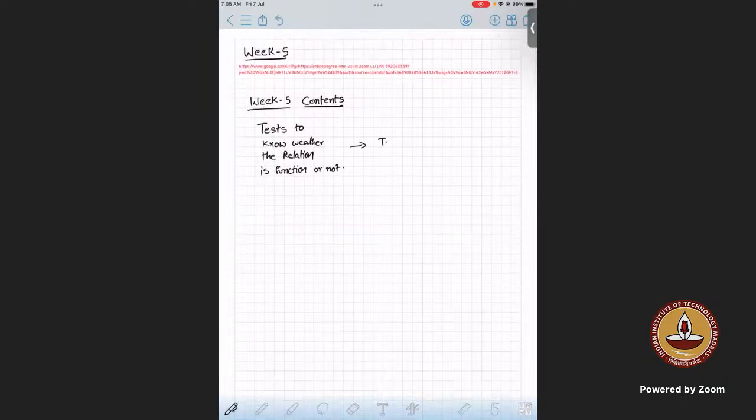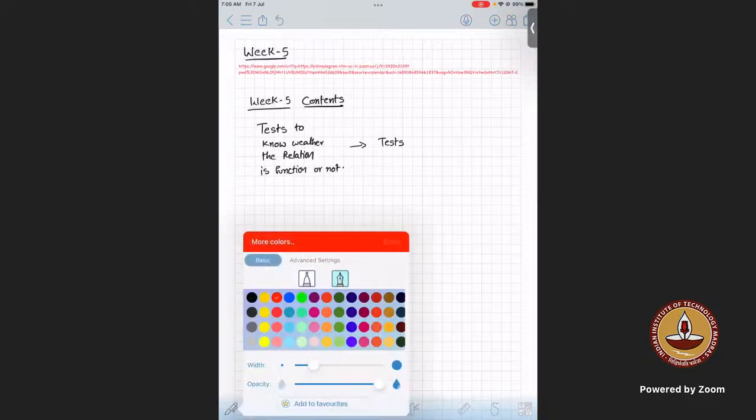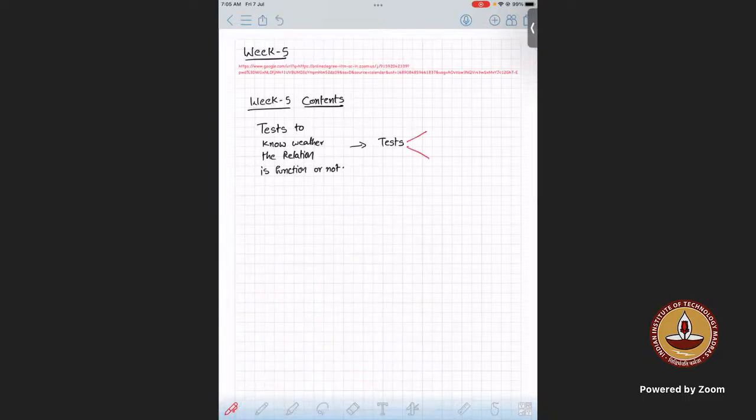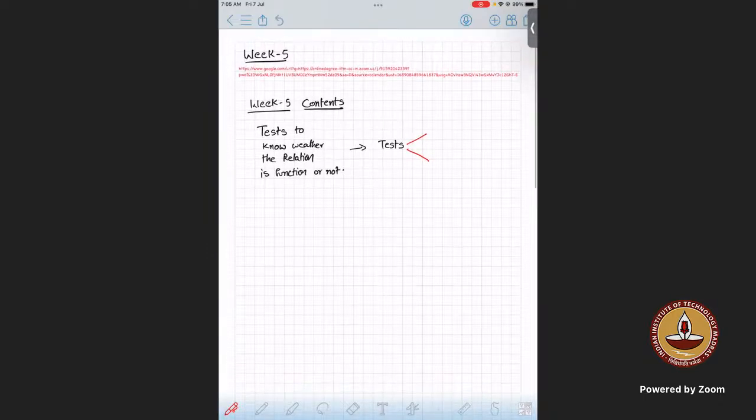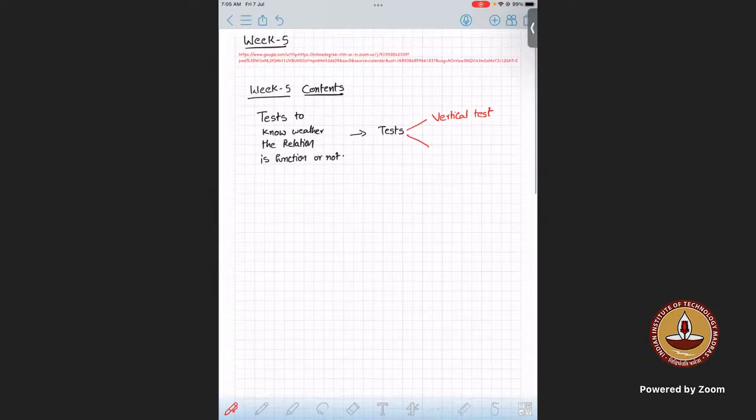What are the tests? We conduct 2 tests. First one is the vertical test. The vertical test confirms whether a relation is a function.